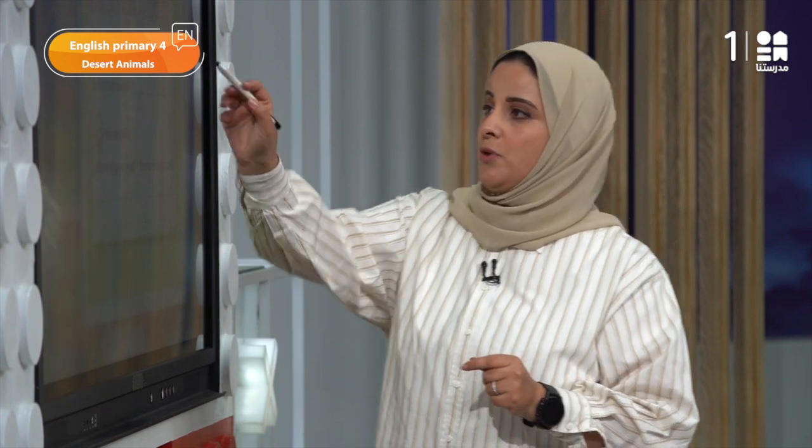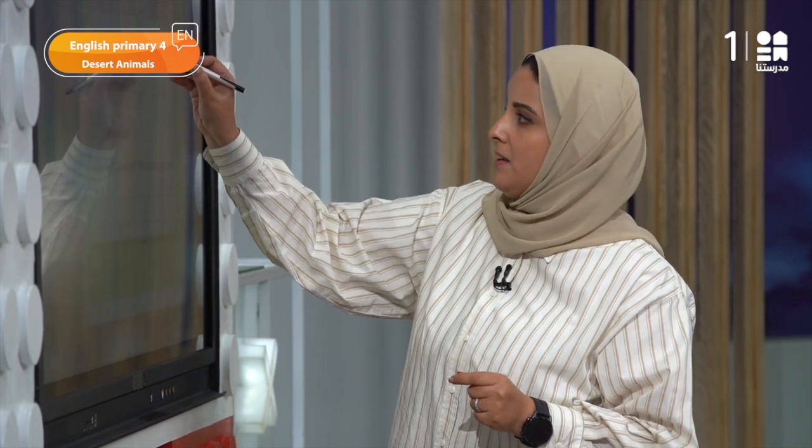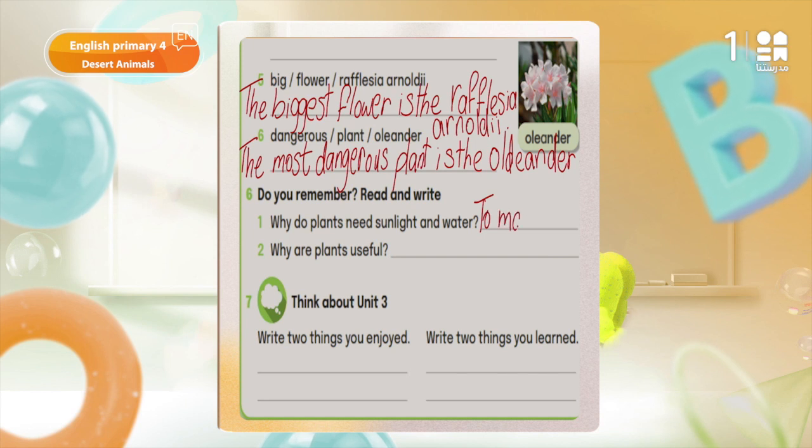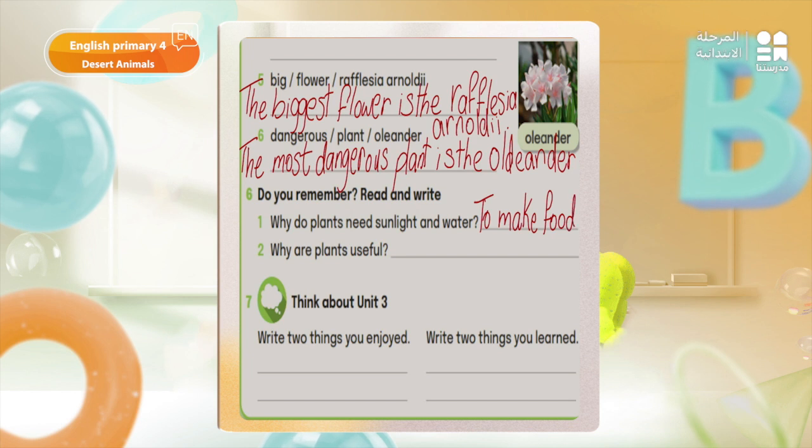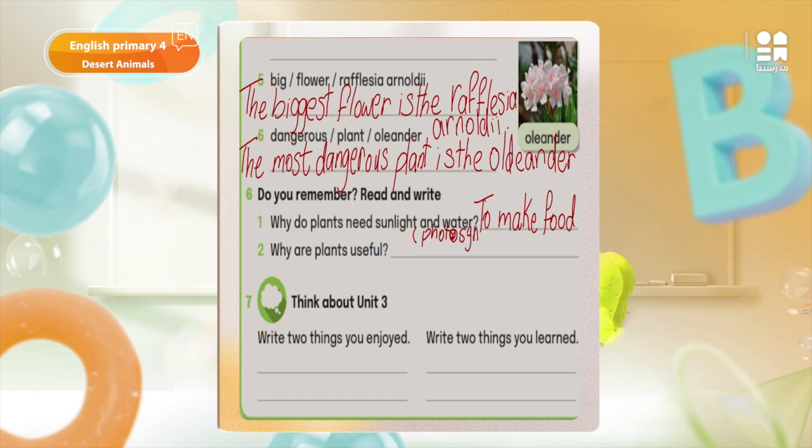Again, the photosynthesis. So, why do plants need sunlight? To make food. And we can write between brackets photo, like the word photo, and then SYN, and then the, and then SIS. Okay, so photosynthesis.